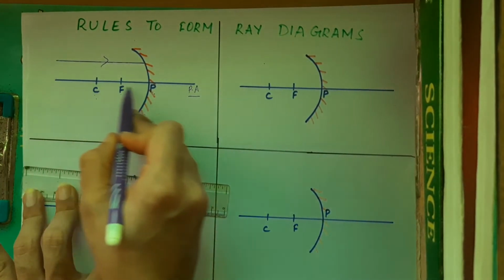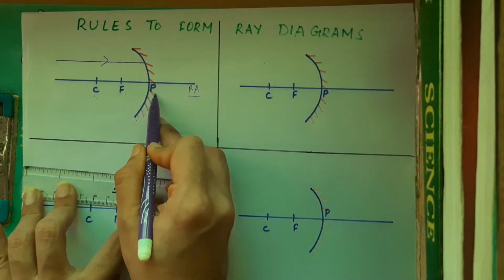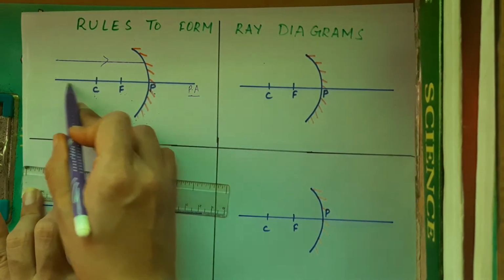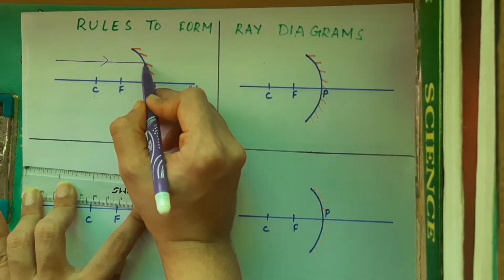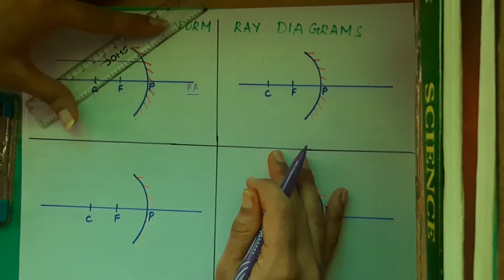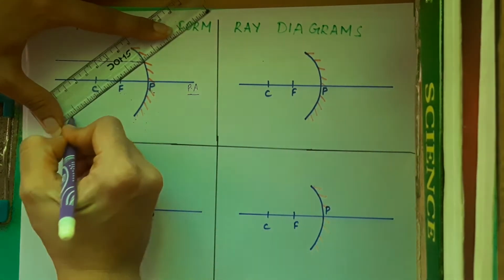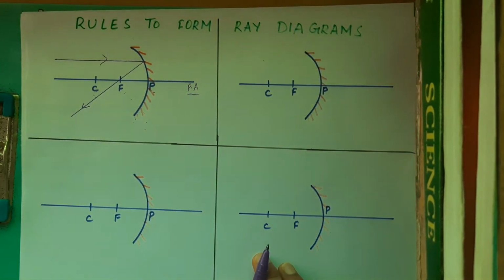This is my principal axis, the axis which passes through the center of curvature, focus and pole of the mirror. The ray of light passing parallel to the principal axis reflects from this point. After reflection, it passes through the focus. So this is rule number 1. A ray of light coming parallel to the principal axis, after reflection, passes through the focus.